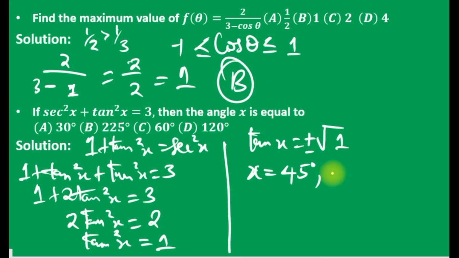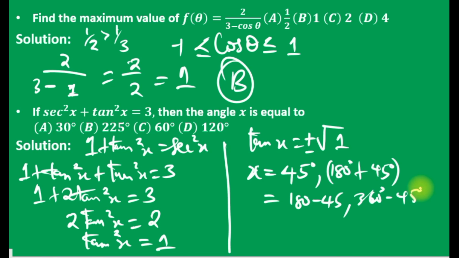Another where tan is also positive is the third quadrant, which is 180 plus 45. For the negative value, second quadrant, we have 180 minus 45. And finally, 360 minus 45. So that's the 4 values.